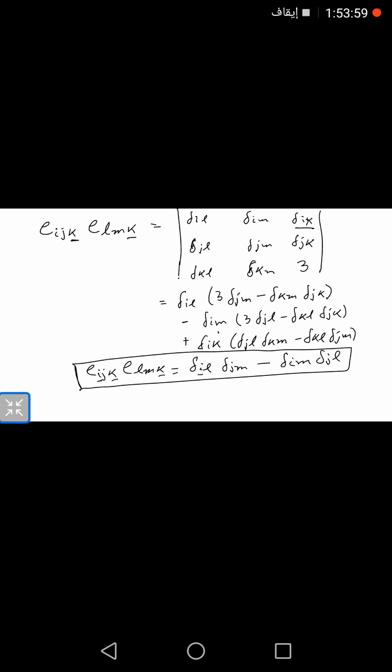You use the first index here, combine it with l and m, and then the second one, j, combine it with l and m here. It's very important for the coming exercises.